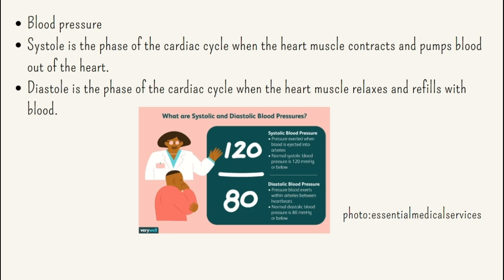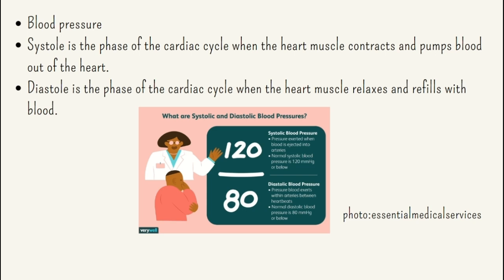The diastole is the phase of the cardiac cycle when the heart relaxes and refills with blood. If you look at the diagram, the top number, the bigger number, is the systolic number, which tells when the heart contracts and pumps blood out of the heart.